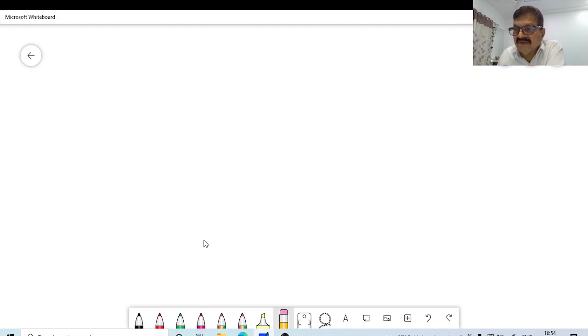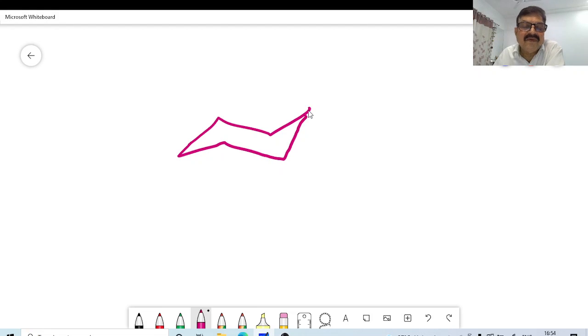Now in the case of the cis conformation, both the methyl groups should be on the same side of the ring. That means the cis isomer has two groups on the same side of the ring. It can be both up or both down. How will you draw? Very simply, we can draw like this. Roughly I will show.